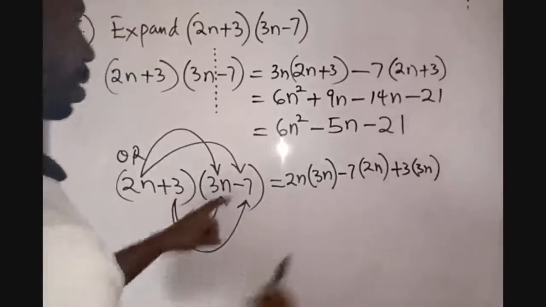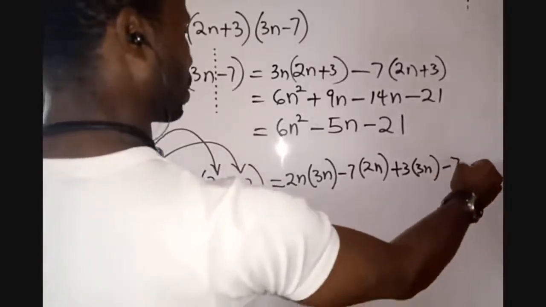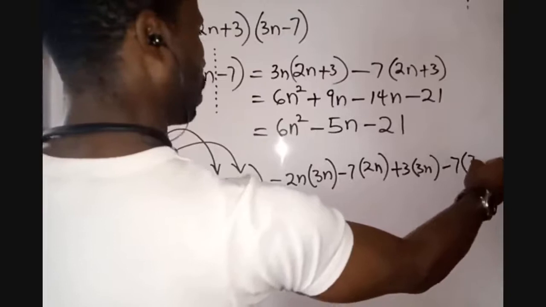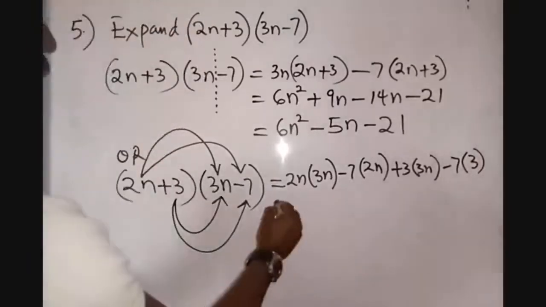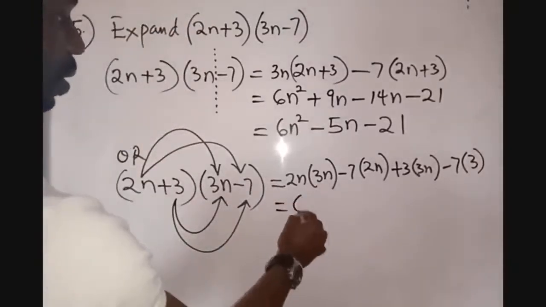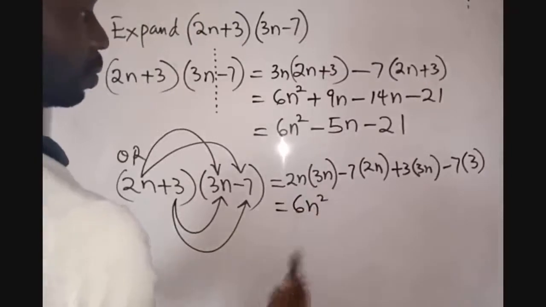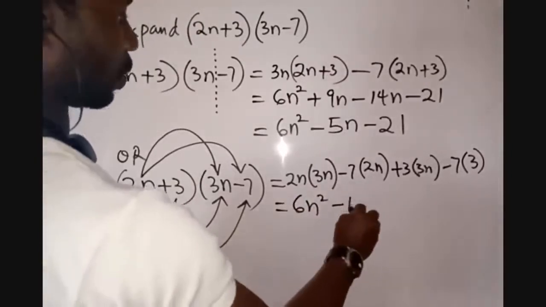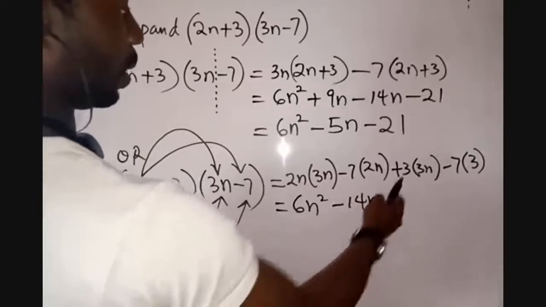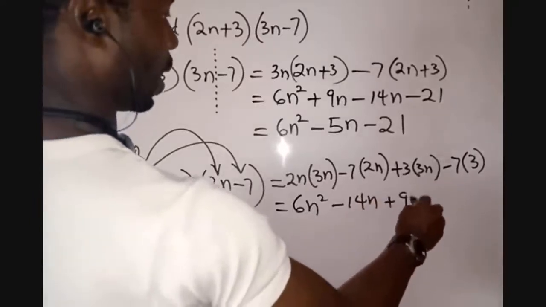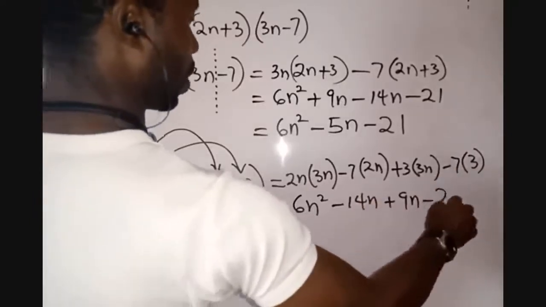Then this same 3 multiplying this, and that will give me minus 7 into 3. Okay, so your answer will now be 6n squared, minus 14n, plus 9n, and minus 21.